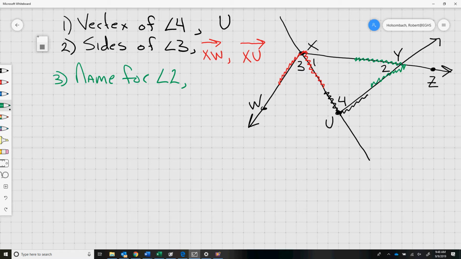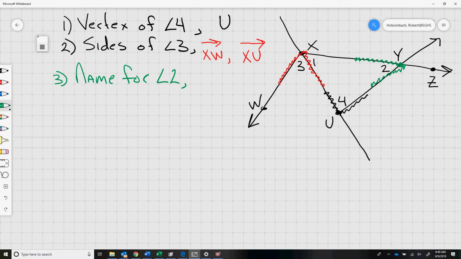Angle Y. Okay, he said angle Y. But do you see how Y is the vertex for 4 different angles here? When a point is the vertex for more than one angle, you can't just use the one letter. Okay? So be a little more descriptive. What could you name angle 2?